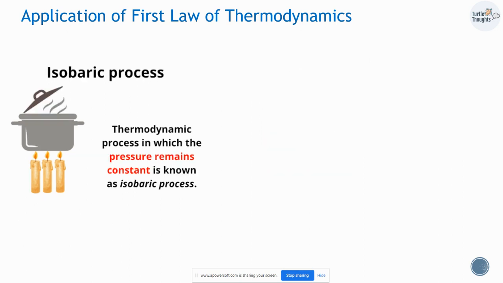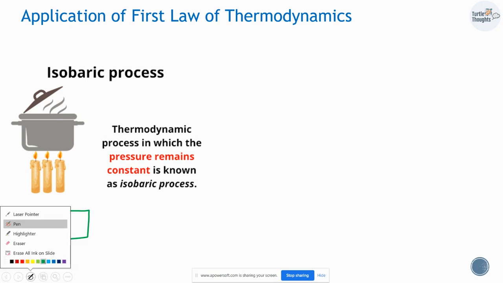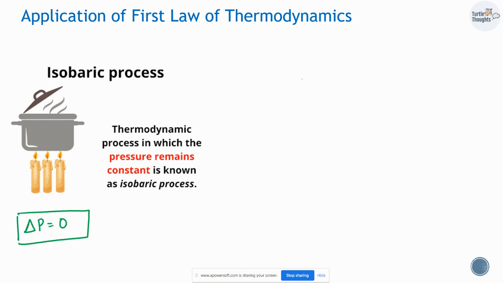Isobaric process is a thermodynamic process in which pressure remains constant. Again, if pressure remains constant, can I write delta P is equal to 0? Yes, delta P is equal to 0. Now, I will be taking dQ is equal to dU plus dW. This is your first law.